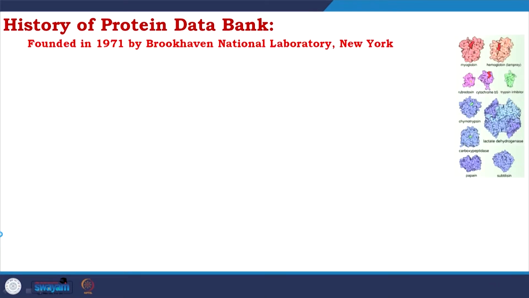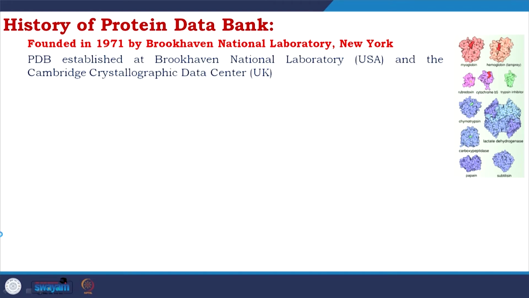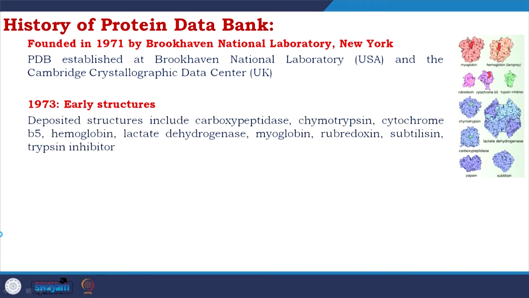As it was founded officially in 1971 by Brookhaven National Laboratory, New York, it was established at Brookhaven National Laboratory in collaboration with the Cambridge Crystallographic Data Centre from the United Kingdom. In 1973, the early structures, they are here: myoglobin, hemoglobin, as we know they are the first two structures, then rubredoxin, cytochrome B5, trypsin inhibitor, chymotrypsin, carboxypeptidase, papain, acetylizin, lactate dehydrogenase, all the early structures came.